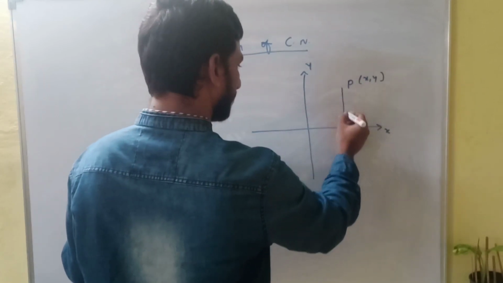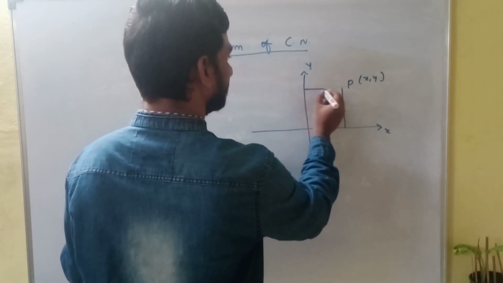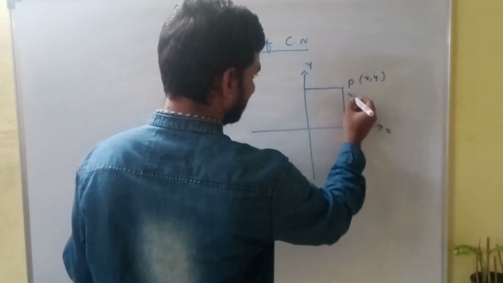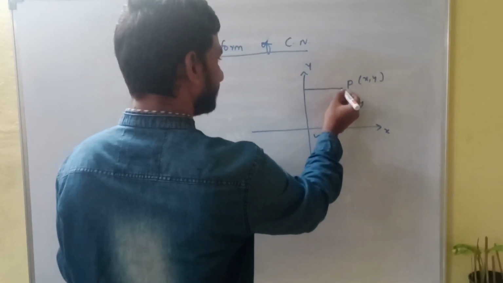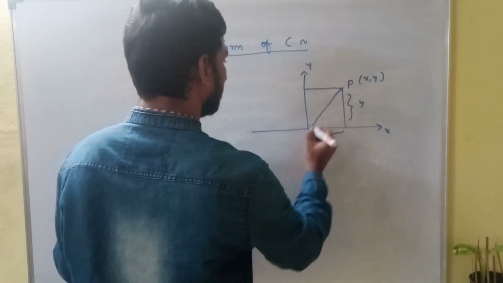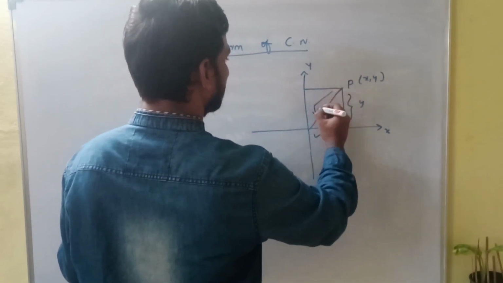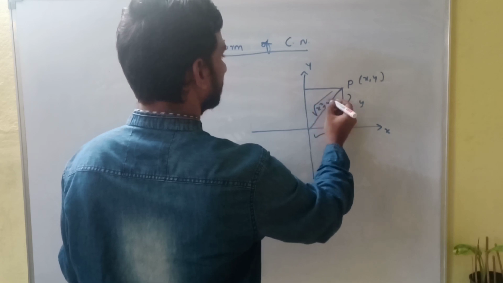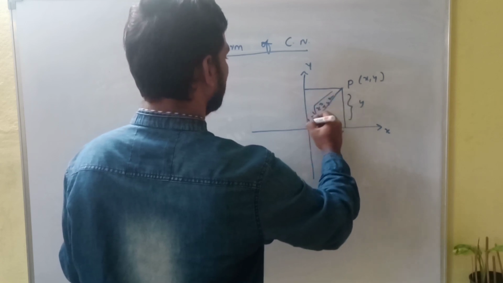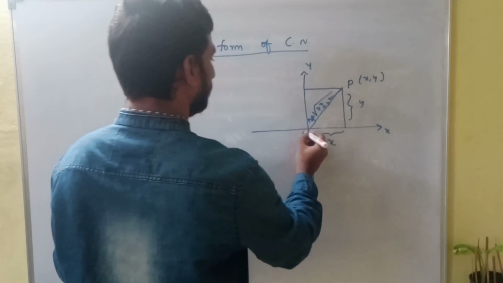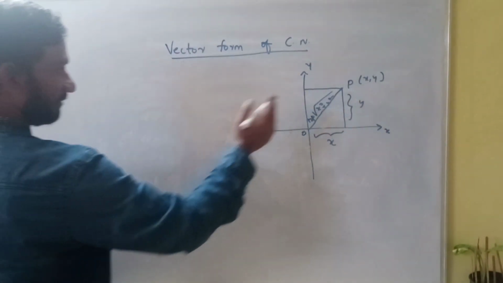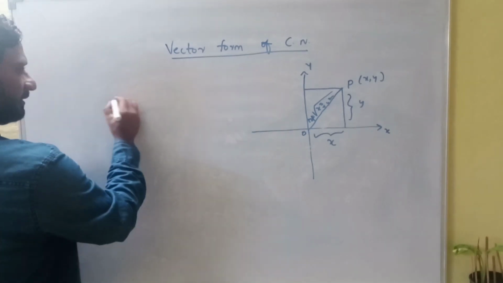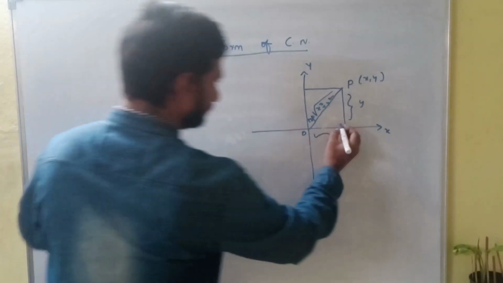I am drawing perpendicular lines to the x-axis and to the y-axis. So this distance is y and this distance is x, and this distance will be under root x square plus y square, which is equal to mod z. OP is the vector form.